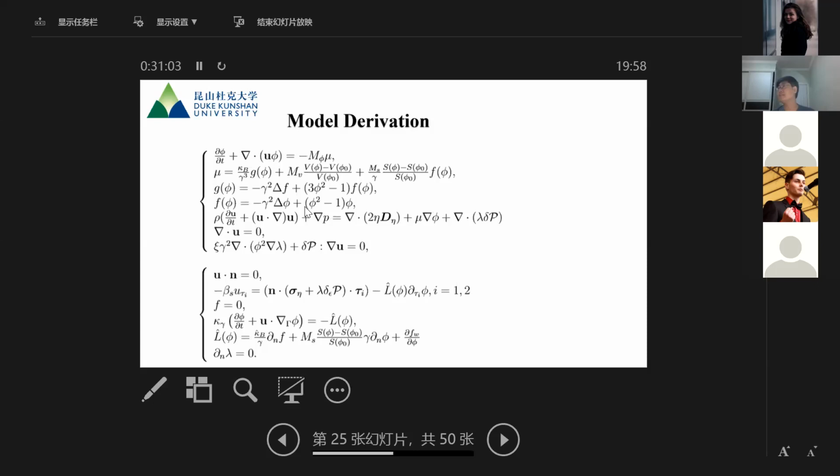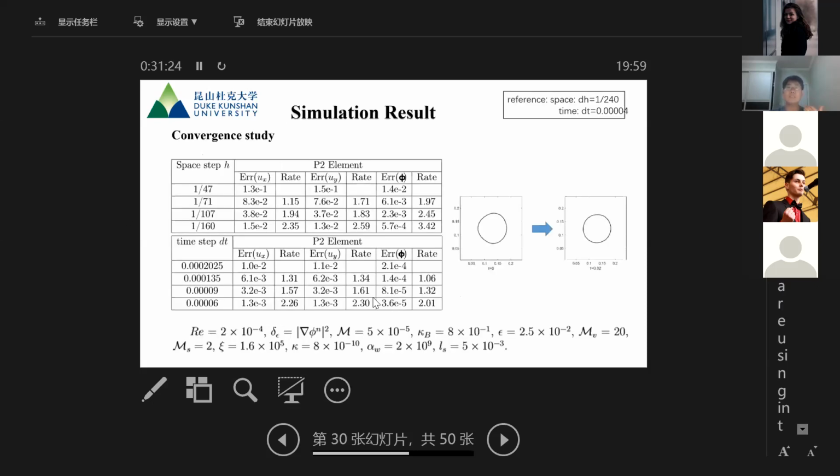But in order to solve it, I have to make sure that my numerical method is reasonable. So I do some calibration. The numerical analysis is called a convergence study. If I refine my mesh and refine the time step, I can see the convergence. This is some basic idea about the numerical analysis. We will neglect this part.